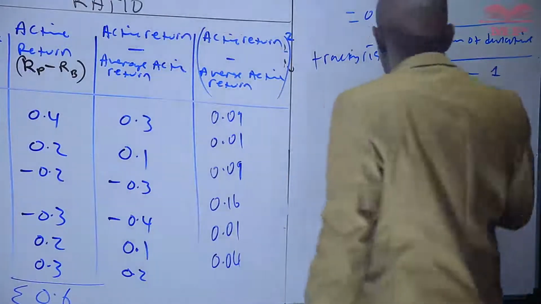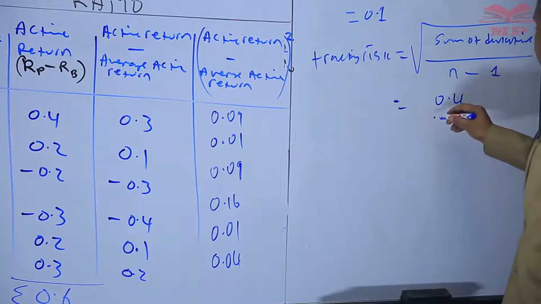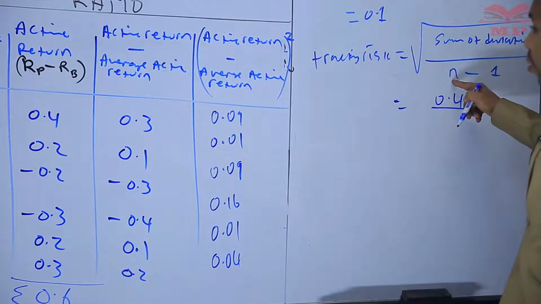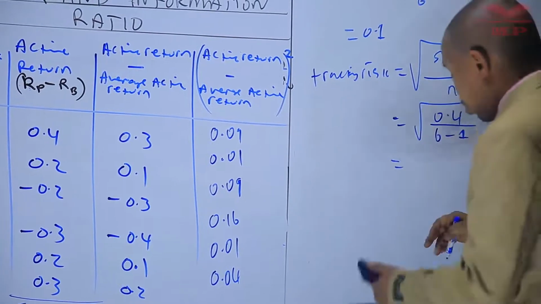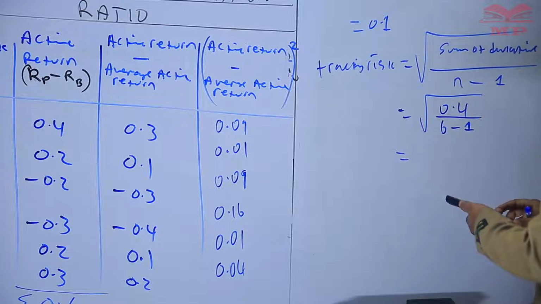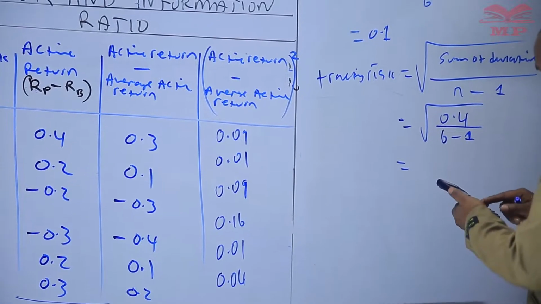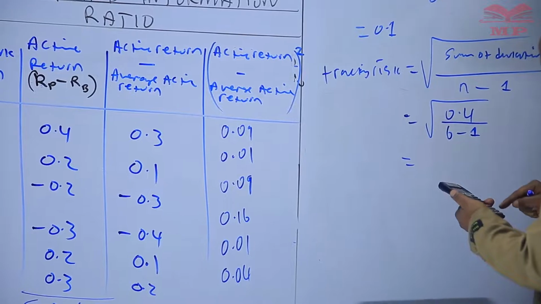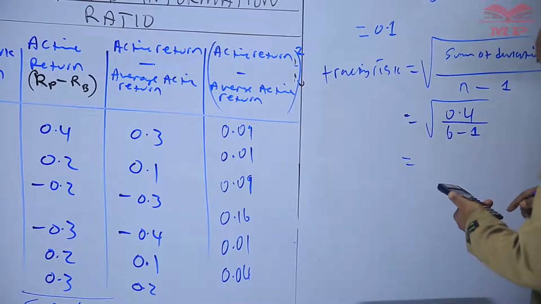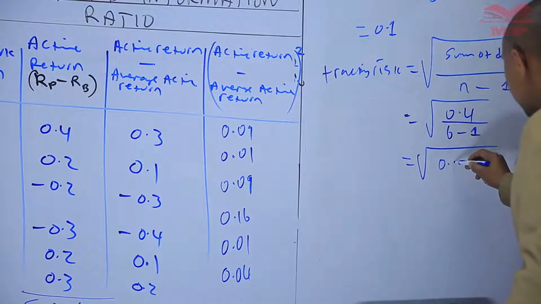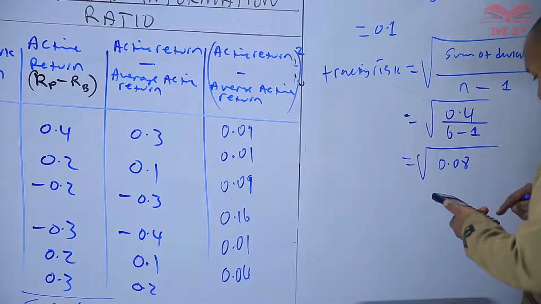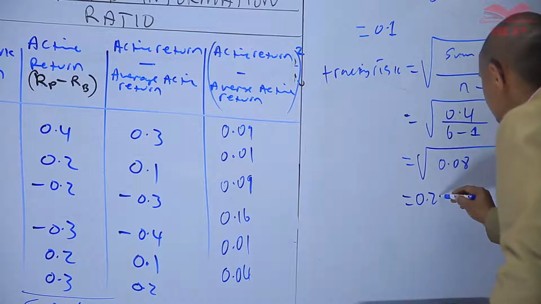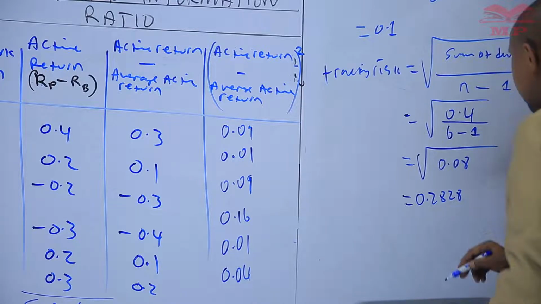We get 0.4. So which is 0.4 divided by n, the number of periods, 6, minus 1, and we get the square root of that. So which is going to be 0.4 divided by 5, which is 0.08. So square root of 0.08 is 0.2828.